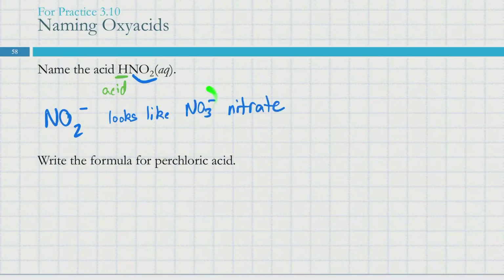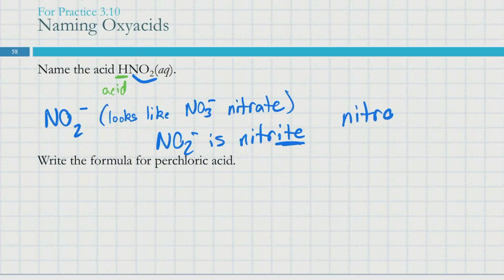How did we change from our -ate form, nitrate, to the one that we have? What did we change? We took away 1 oxygen. So taking away 1 oxygen, we changed the ending from -ate to -ite. So this is nitrite. And our rule is that -ite turns into -ous, and we add acid at the end. So this is nitrous acid.